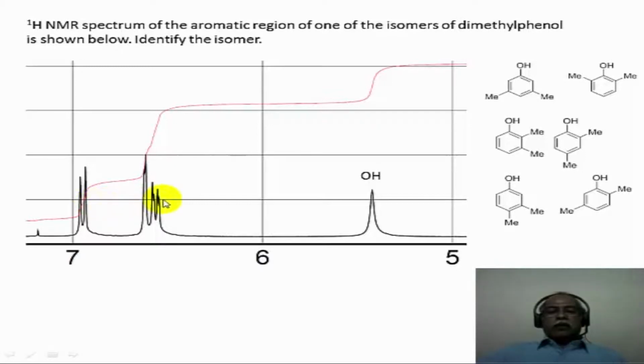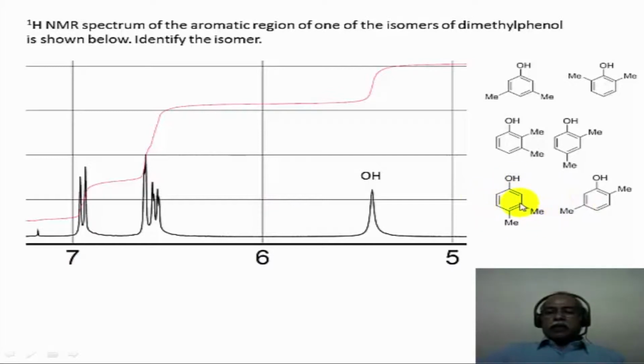So one can come to the conclusion, because there are 2 hydrogens which are in the shielded region of the aromatic region around 6.5 ppm or so, that the phenolic compound that we deal with should have at least 2 hydrogens ortho to the hydroxy functional group. If you take this phenol, there is only 1 ortho hydrogen. If you take this one, this also has only 1, this also has only 1. So that leaves us with this particular isomer with 2 hydrogens ortho to the hydroxy functional group.